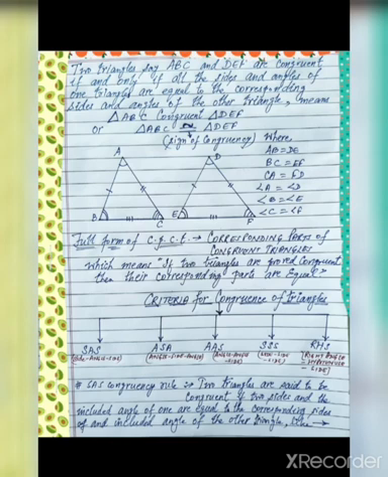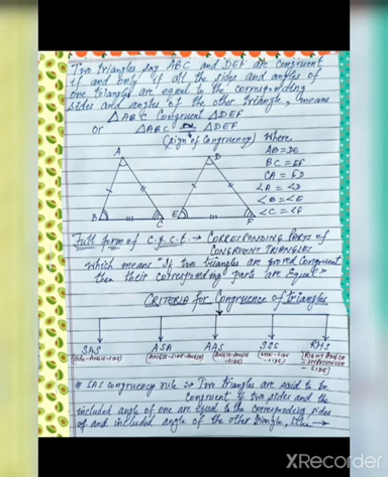Angle B equals angle E, angle C equals angle F. We have to see the angles in such a manner that they correspond to each other. They never say that angle C equals angle C, those are not corresponding angles. Angle C corresponds to angle F, right? Similarly angle B corresponds to angle E. Okay, so remember this point.